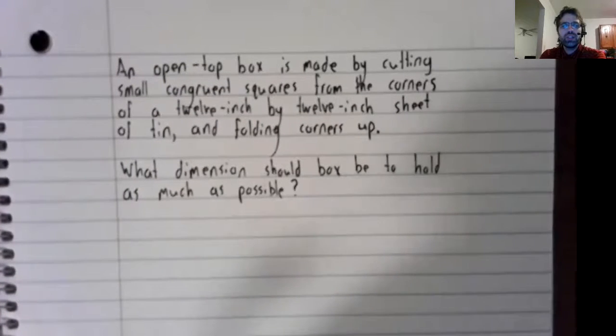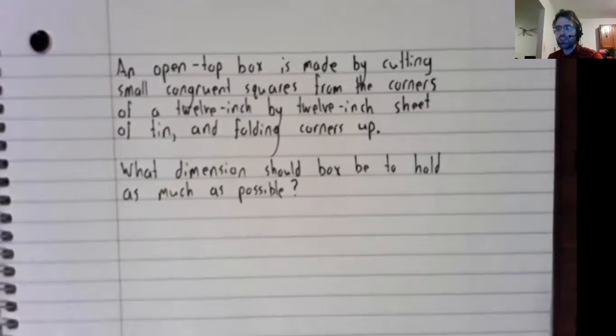An open top box is made by cutting small congruent squares from the corners of a 12 by 12 sheet of tin and folding the corners up. What dimension should the box be to hold as much as possible?